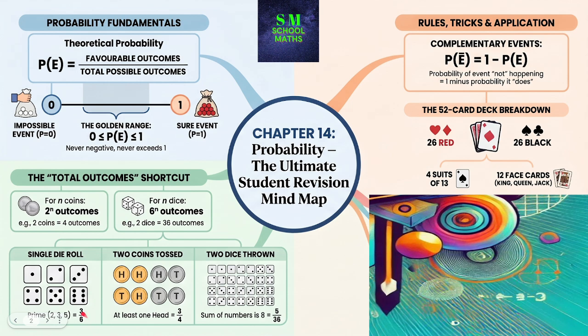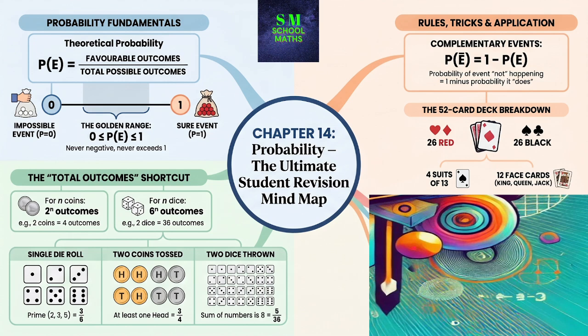In the second example, if you toss 2 coins, the possible outcomes are head head, head tail, tail head, and tail tail. The probability of getting at least one head is 3 out of 4. As you can see, a head is seen in 3 combinations.